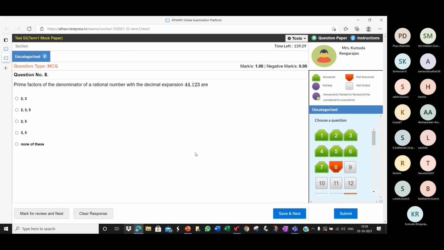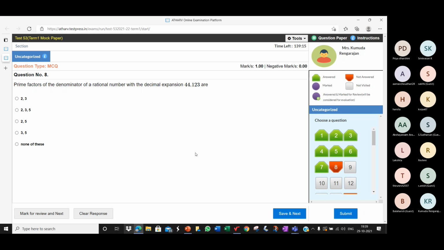Prime factors of the denominator of the rational number with decimal expansion 44.123. Ma'am, 2 and 5.